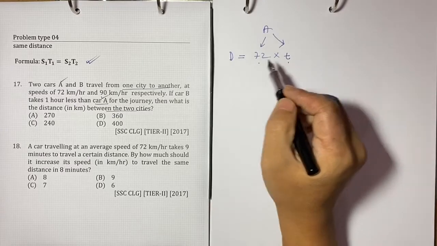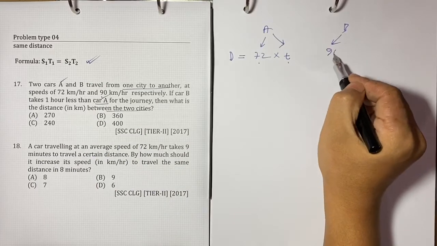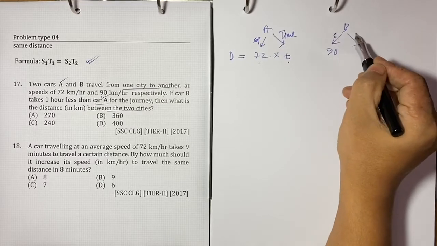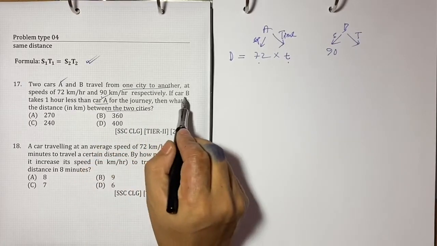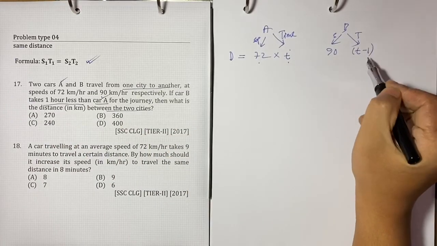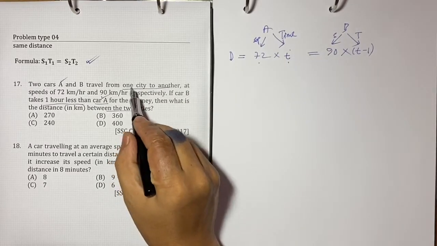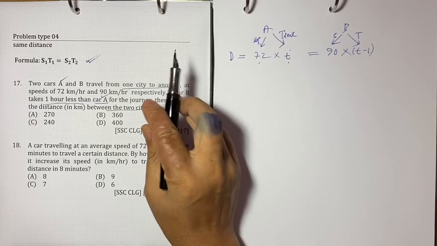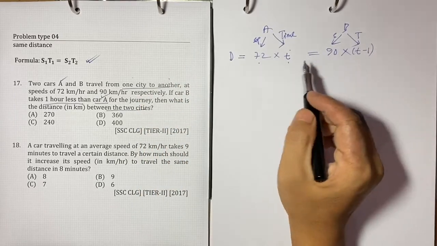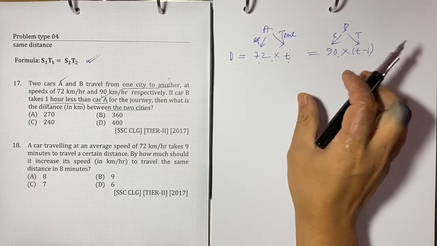For car B, the speed is 90 and the time is t minus 1, since car B takes 1 hour less. Speed times time gives the distance, and the distance is the same for both cars. So we get two equations for the same distance.